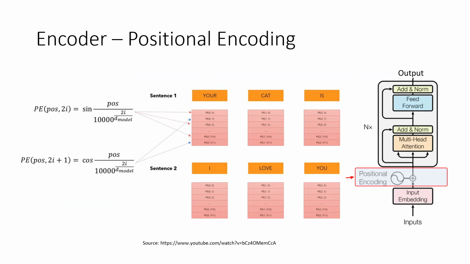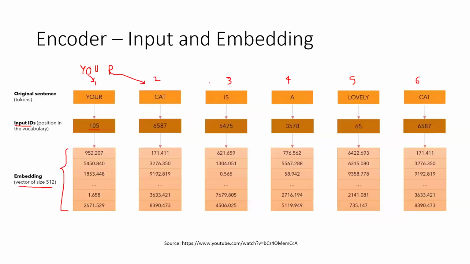For example, if you look at this sentence, this is the first word, this is the second word, and so on. This is the third, fourth, fifth, and sixth word. These are positional information. For each position, you can create an embedding. It's known as the positional embedding, or positional encoding.